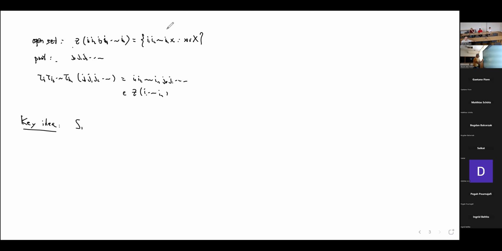From this pair of operators, S1, S2, satisfying the identities that Kuntz gave, with some work, we build in general a locally compact Hausdorff space.